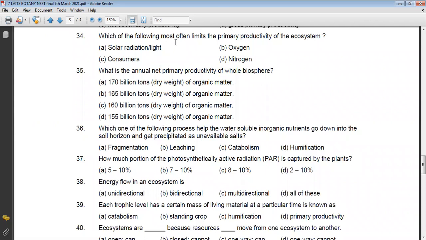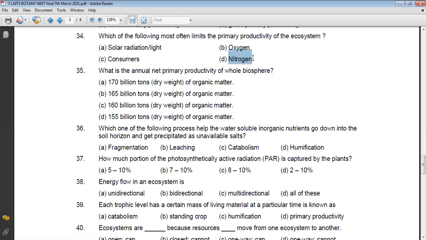Which of the following most often limits the primary productivity of an ecosystem?